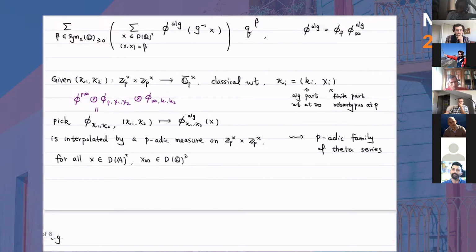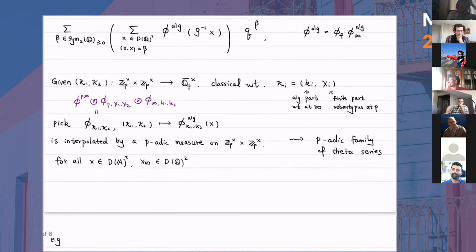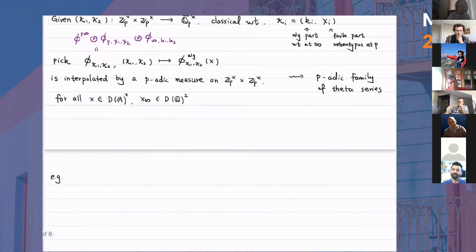Actually, picking a Schwartz function that we can interpolate to get a family of theta series is not so easy in general. But for example, we can easily make many examples.